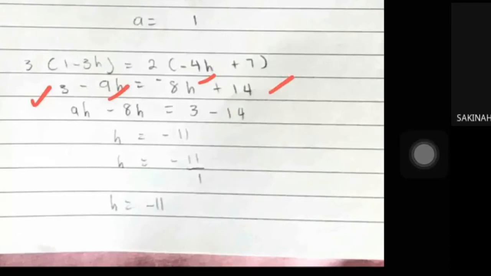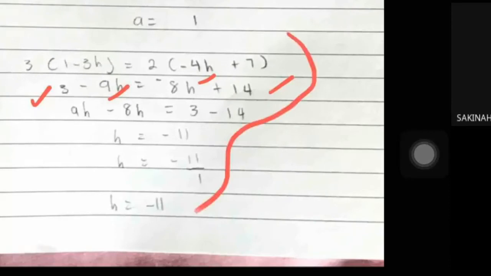The way she writes can be a little bit confusing. Why? She changed all the signs. The 9h originally is on the left side, but she changes the sign. Okay, for some students it will be confusing.